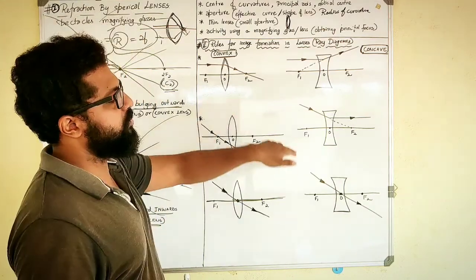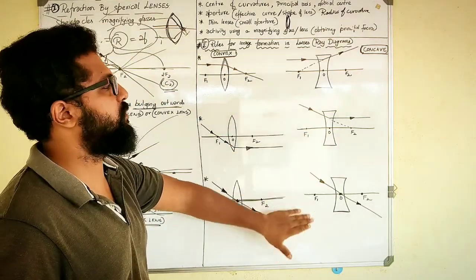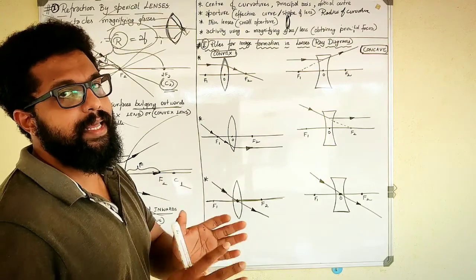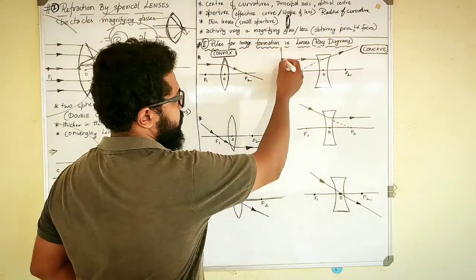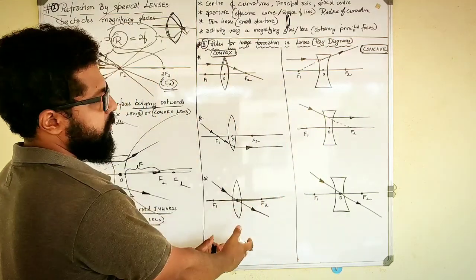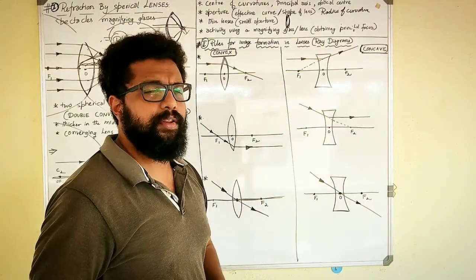So these are the 3 rules, or 3 basic observations, which we see when a light ray passes through a lens, that is a convex lens and a concave lens. I'll differentiate them clearly. This side is going to be the convex lens and that side is going to be the concave lens.